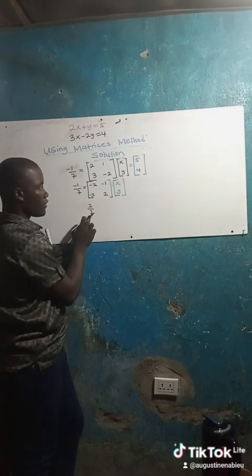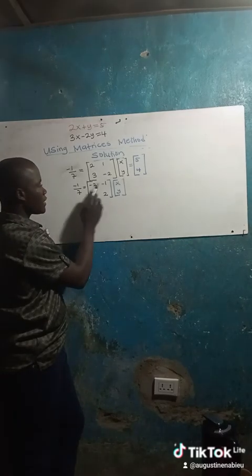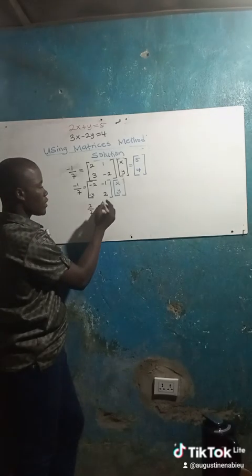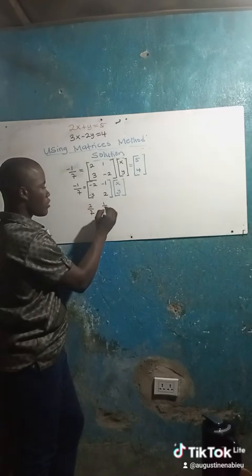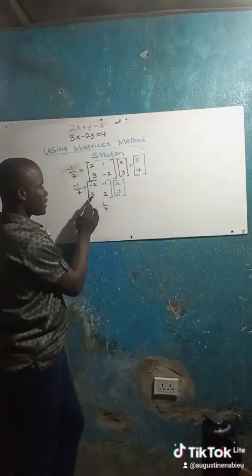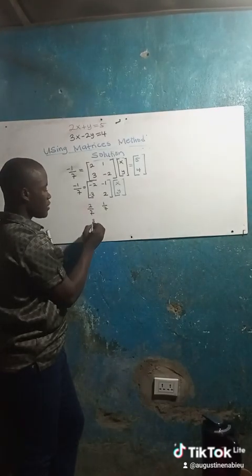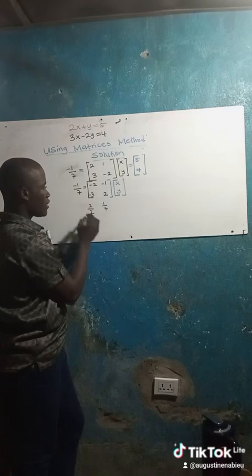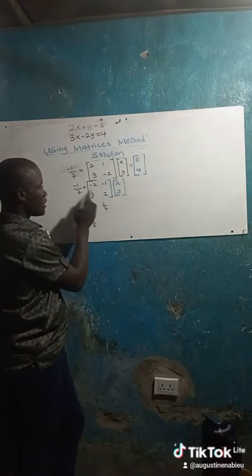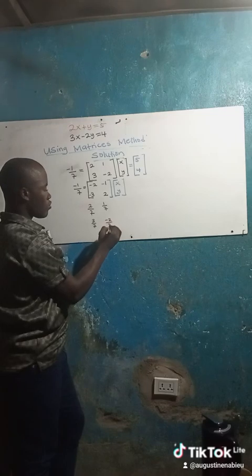Negative times negative is positive; 1 times 1 is 1, so it becomes 1 over 7. Negative times negative is positive; 1 times 3 is 3 over 7. Negative 1 times 2 is minus 2 over 7.